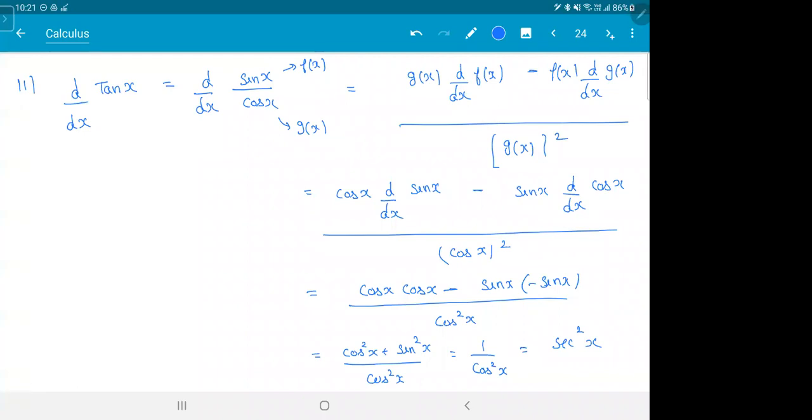Clear? Next one. Can I turn the page? Next one, I think you guys can try in the meantime. dy dx of secant x.